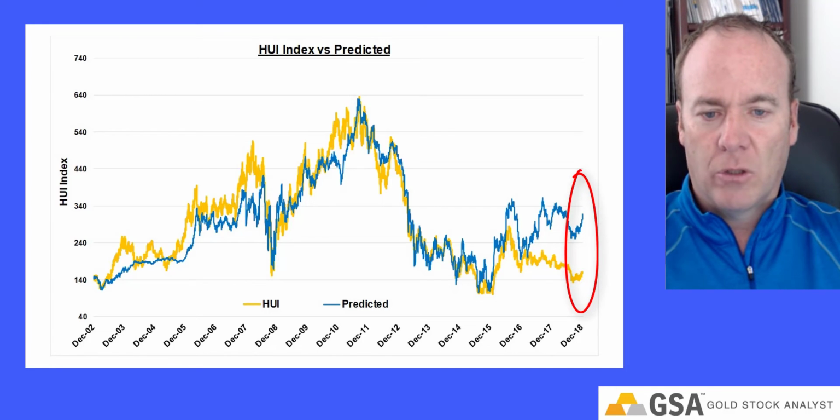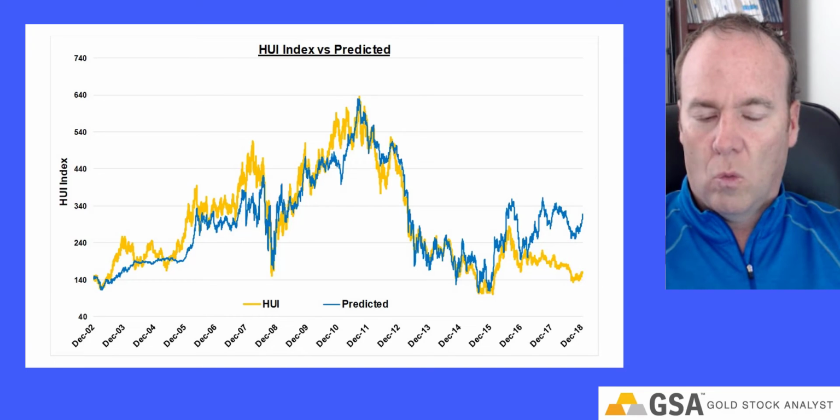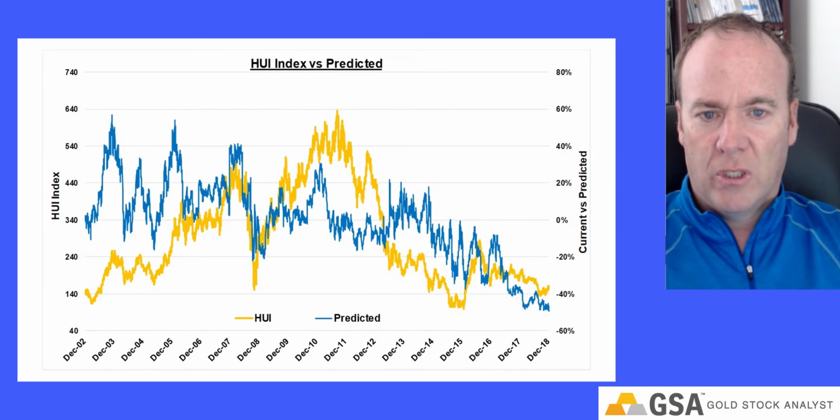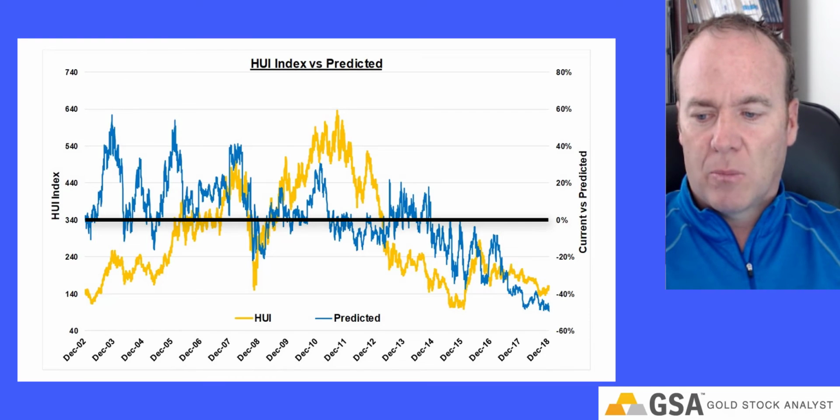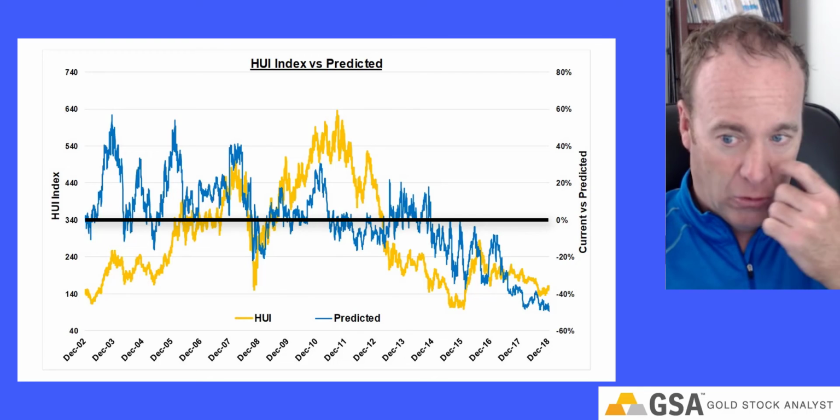And now we've got the largest gap ever between the operating cash flow margin and the predicted value for the HUI index. One more study is you can look at this as a percentage: what's the percentage premium or discount of the HUI index versus the predicted value based on this operating cash flow margin?